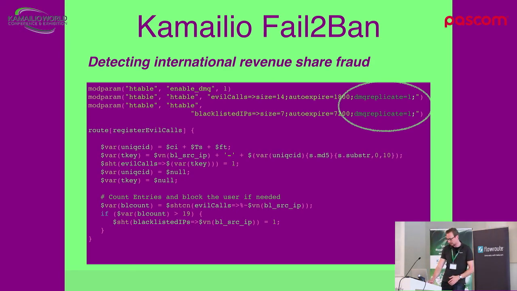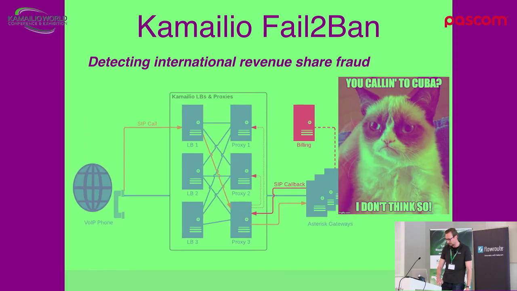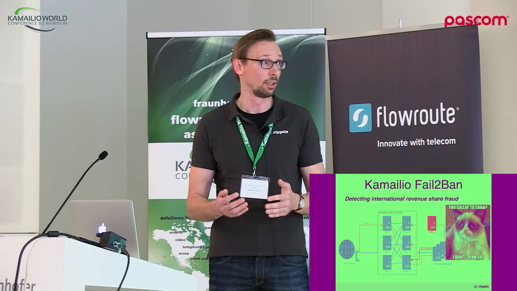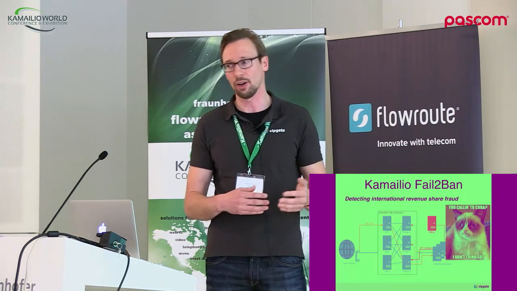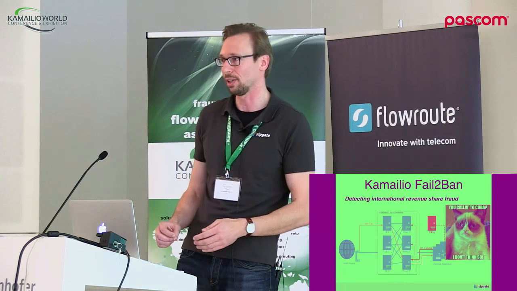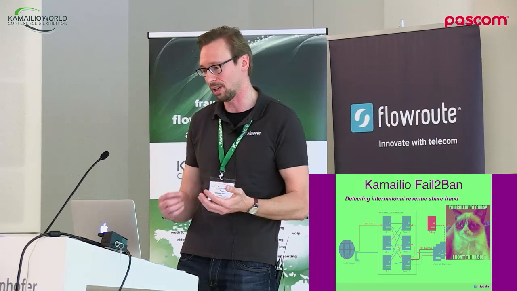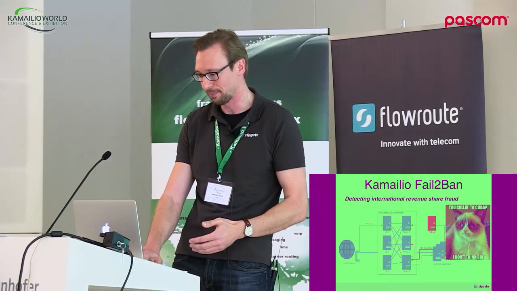And after that, you don't have to change anything, and the proxy number 3 will receive this call, write it into the hash table, and the DMQ module will take care of replicating this entry to the other proxy servers.